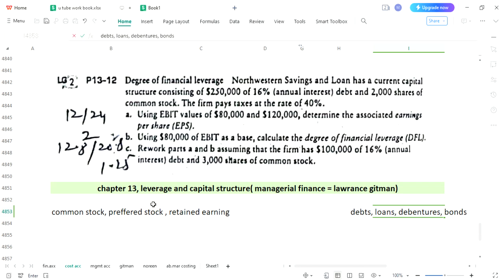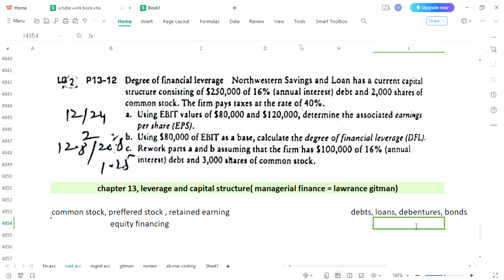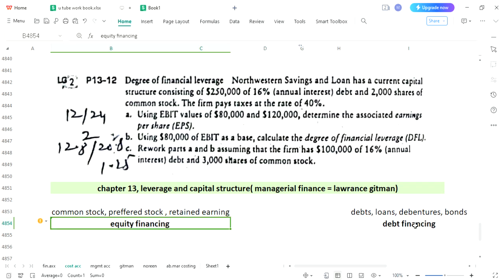These are internal sources and you can call it equity financing. After that, what we have discussed over here is called debt financing. So these are two different ways with which you can arrange your finance, equity financing or debt financing.